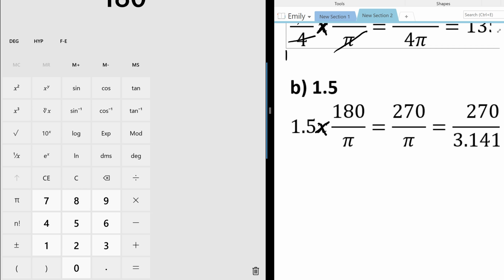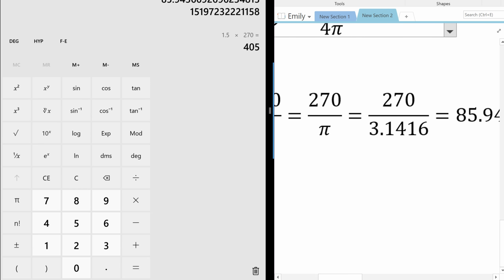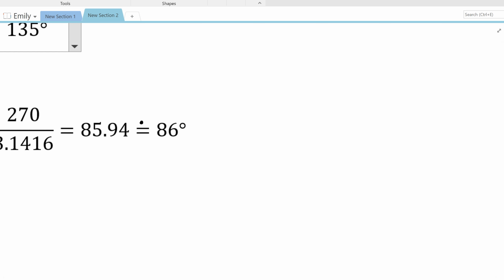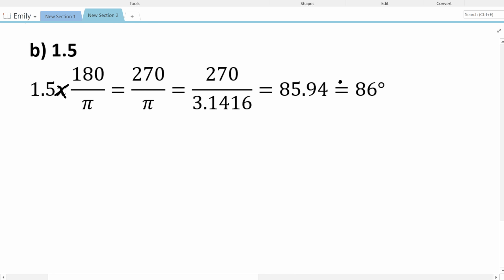Yeah, that's right. Divided by pi. So we got 85.9694, which is approximately equal to that. That's good. Makes sense.